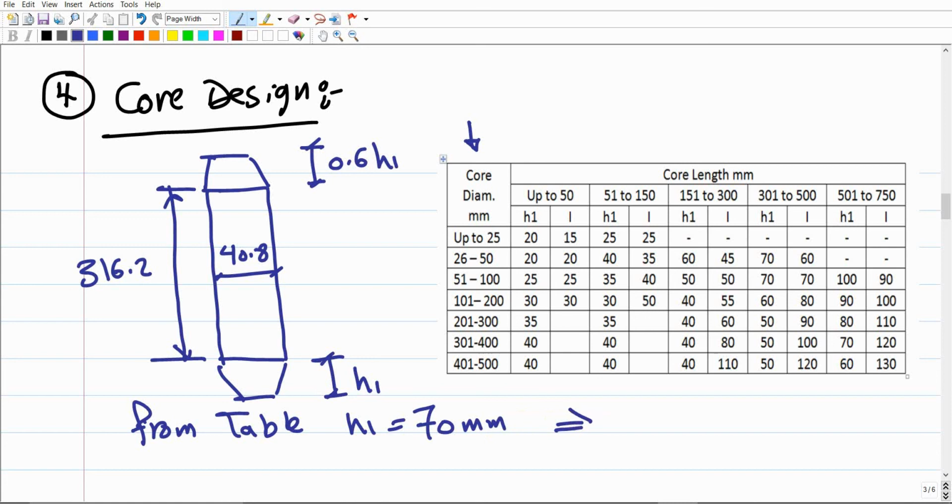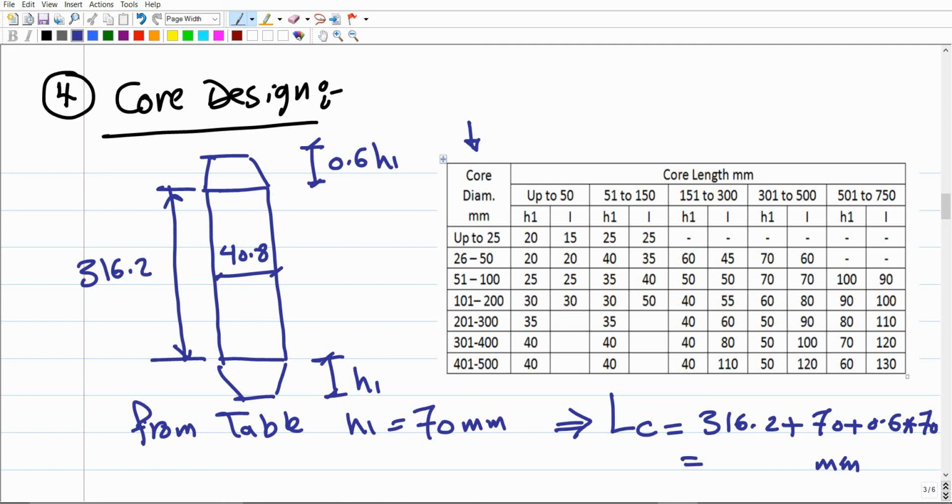So in total, the core length should be 316.2 plus the 70 plus the 0.6 times 70. This is going to give us the total core length in millimeters. Make sense? Even if you just represent the core in this way, that's enough for me.